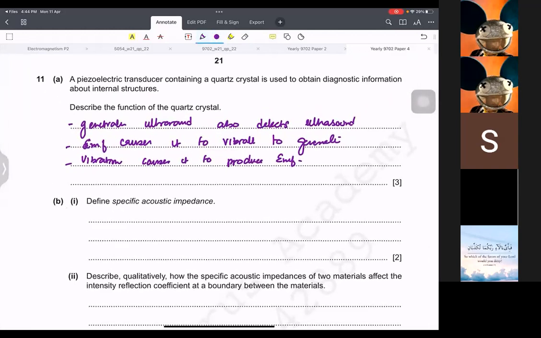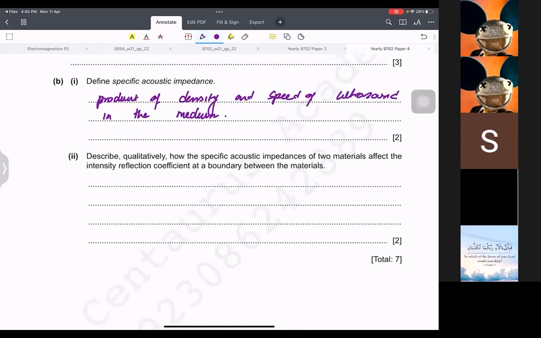Then it says define specific acoustic impedance. So this is the product of density and speed of ultrasound in the medium. Then describe qualitatively how specific acoustic impedance of two materials affect intensity reflection coefficient. I told this before. If Z1 is way too larger than Z2, right?